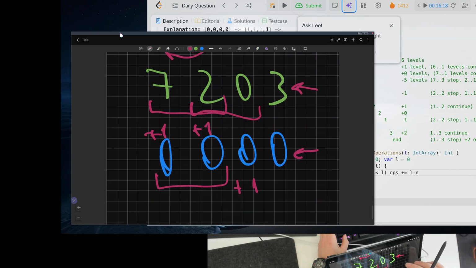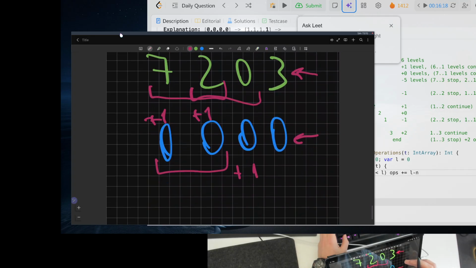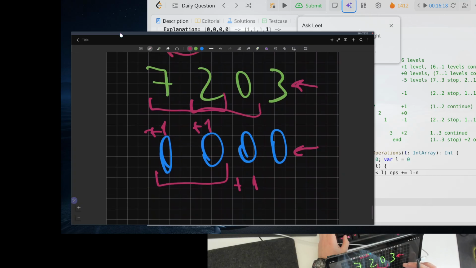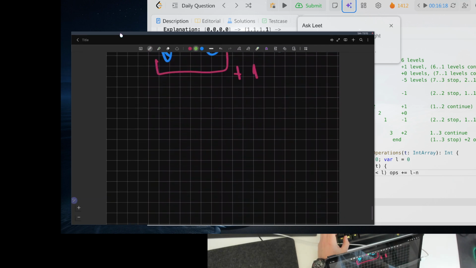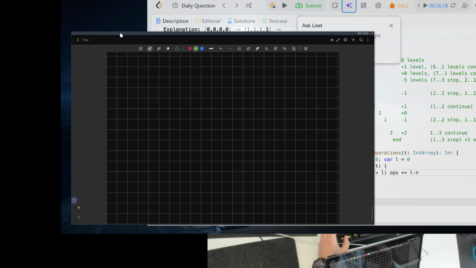To solve this, I imagined these operations in my mind. Let's draw how you can do this. Let's abstract away numbers and just draw some circles like this.